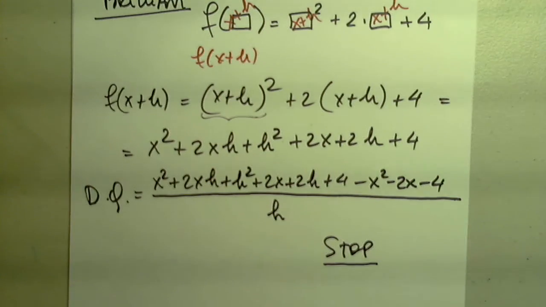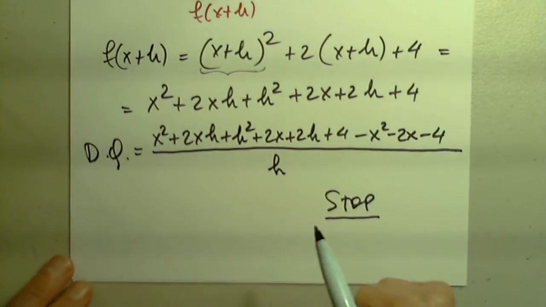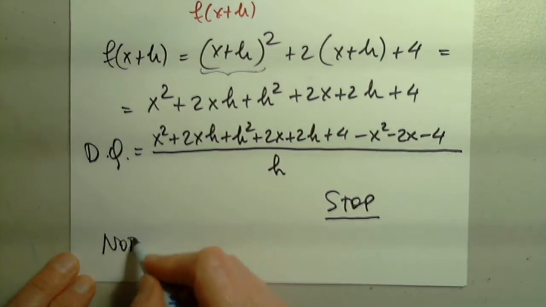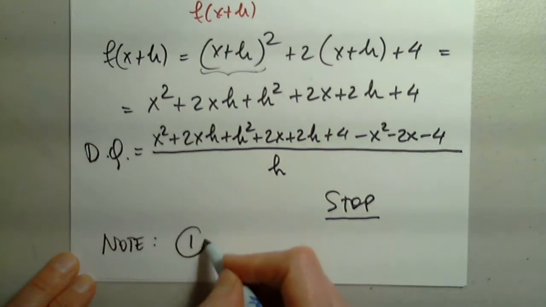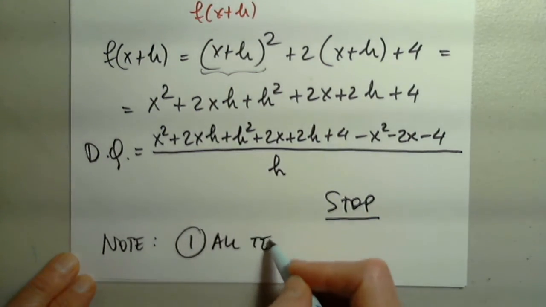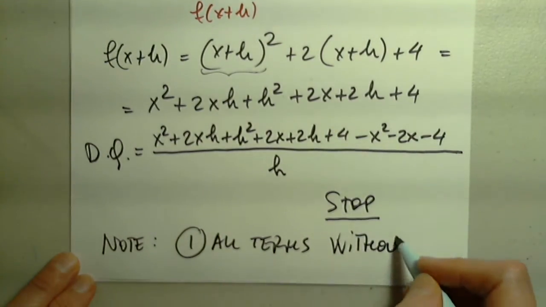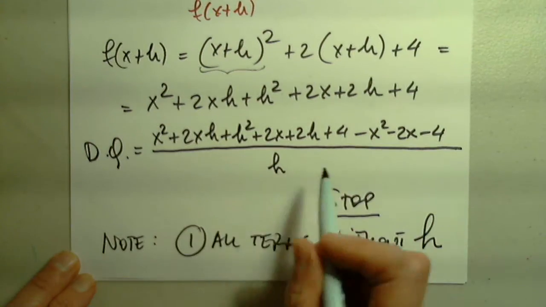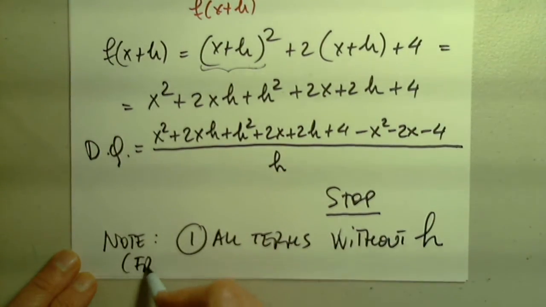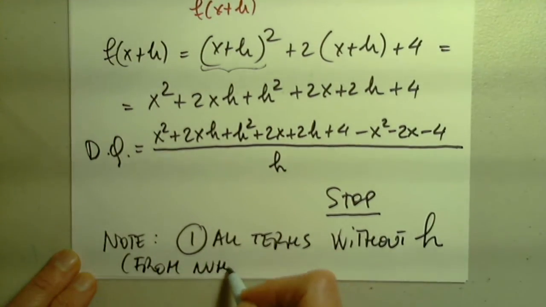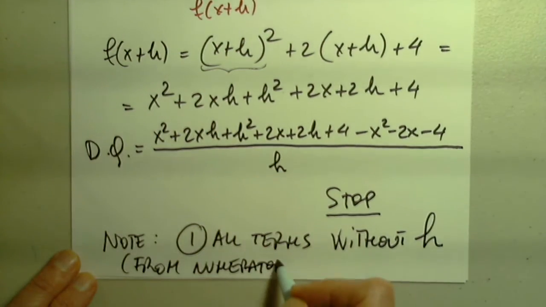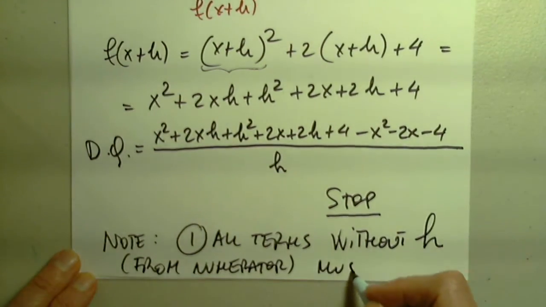2 things have to happen for all difference quotients. Note 1: all terms without h from the numerator must cancel.